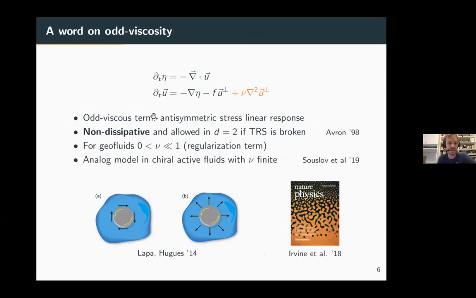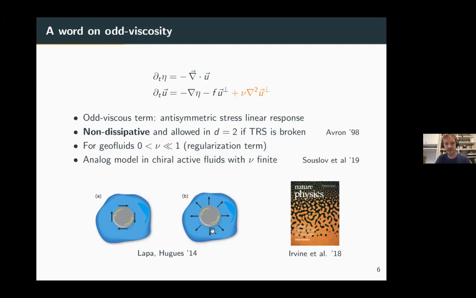This is part of the linear response viscosity term, except that it's antisymmetric. So in particular, this is a non-dissipative term, which is quite counterintuitive compared to usual viscosity. If you look at the picture below, with usual viscosity, when you rotate a solid inside the fluid, the fluid will have an opposite movement with respect to the cylinder.